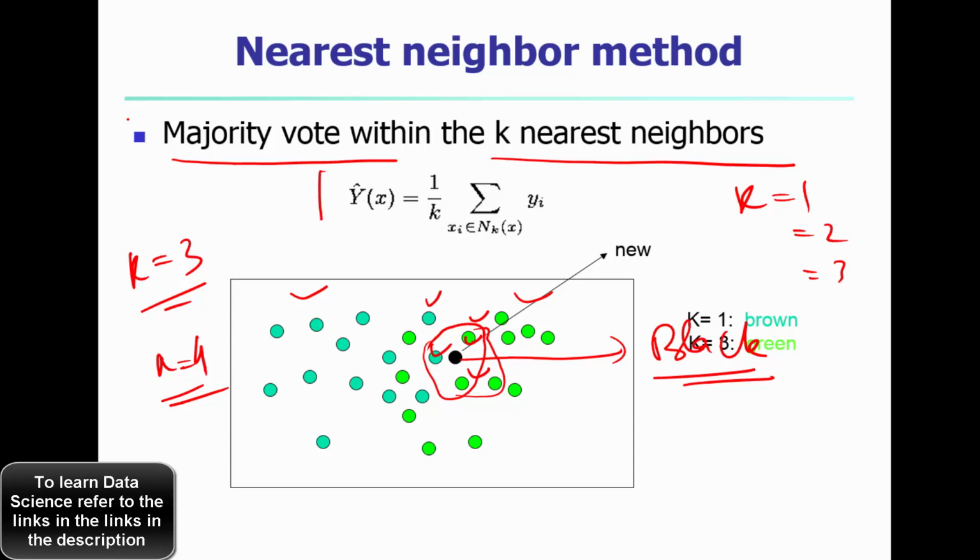The formula to find it out is to take the majority, and k could be any number, and we'll see how to choose the best k, or the optimal k. K could be anything, by the way. It could start from 1 to n. It's not good to take just a very small k or a very large k, so we'll see what the optimal k is.